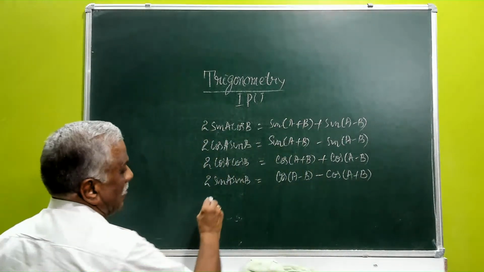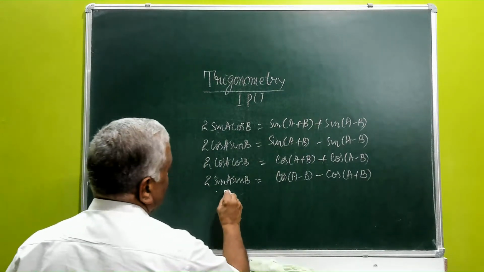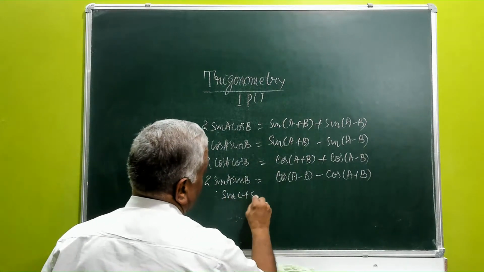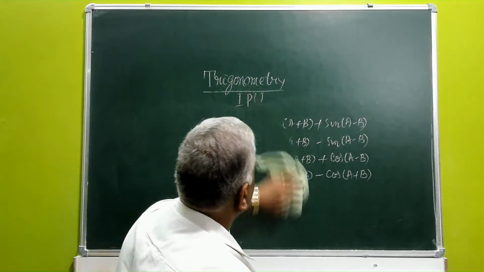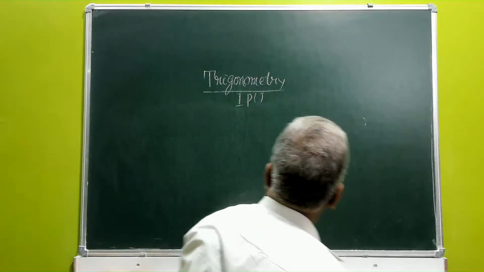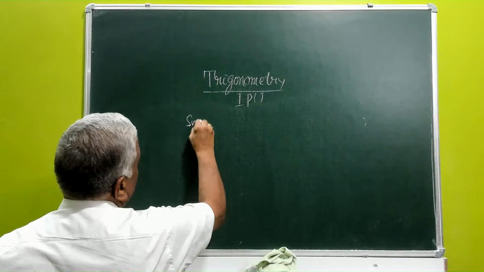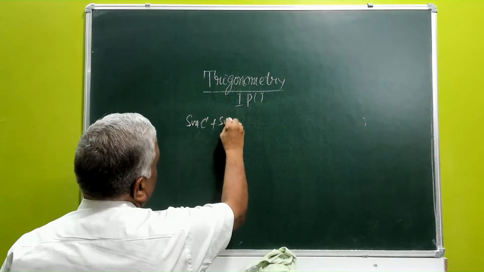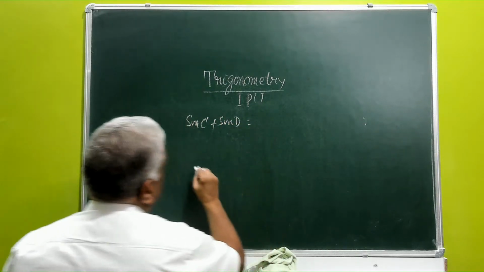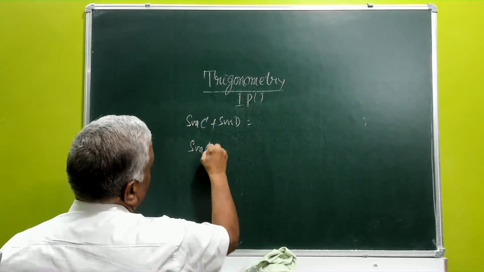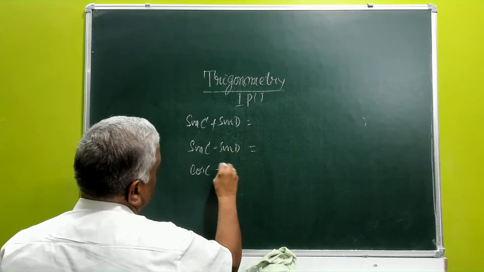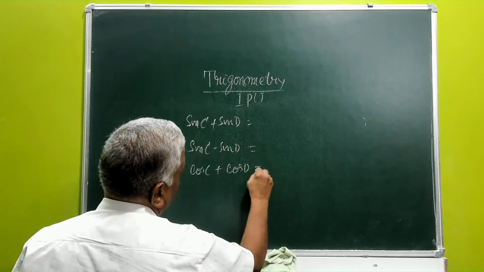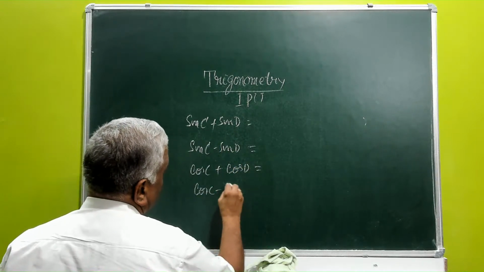Then we have got the formulas sin C plus sin D, sin C minus sin D, cos C plus cos D, cos C minus cos D. All these formulas are required to work problems.